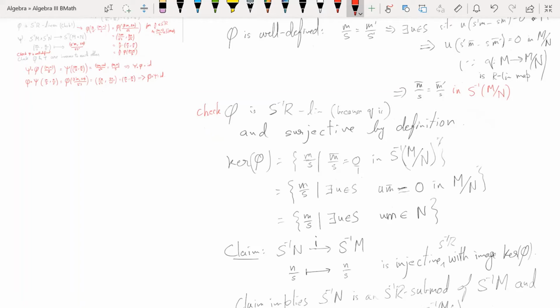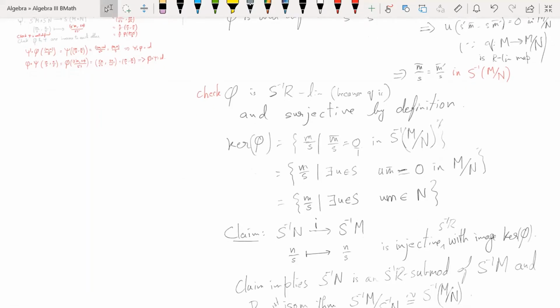So UM bar is 0 in M mod N means UM, the element U times M of M, actually lies in the submodule N. So it's M over S such that there exists U in S with UM belonging to N. So this is the description of kernel phi.